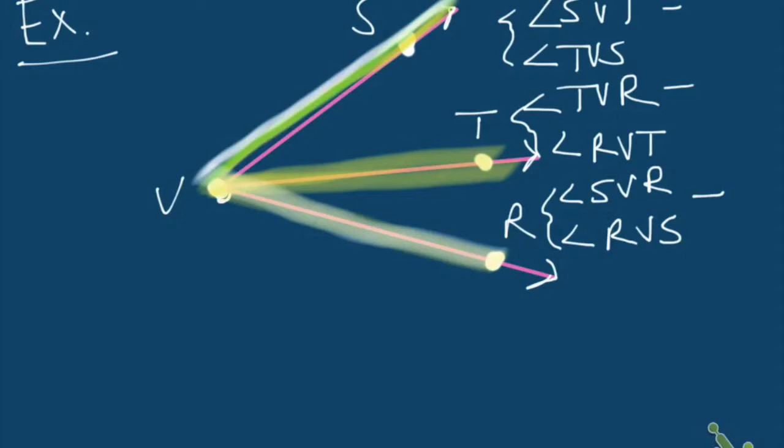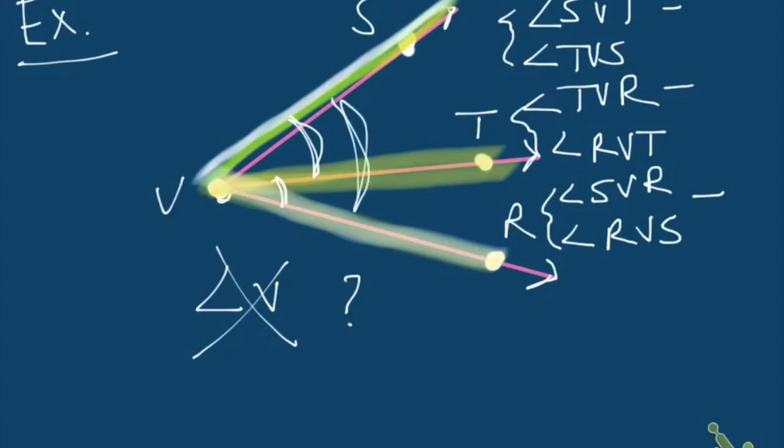Notice the one thing I didn't do: I did not name this angle V. Why didn't I name this angle V? You couldn't name it angle V because how would you differentiate? Is this angle V? Or is this angle V?